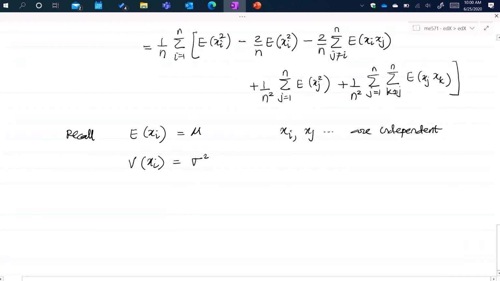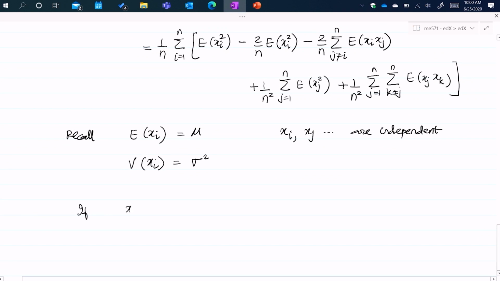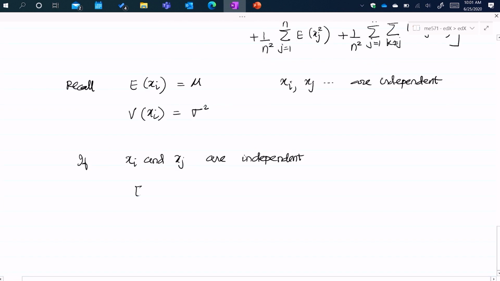Okay, by using the same logic, if xi and xj are independent observations, then expected value of xi xj, which we know from our product formula, is expected value of xi times expected value of xj, which we can write as mu squared.